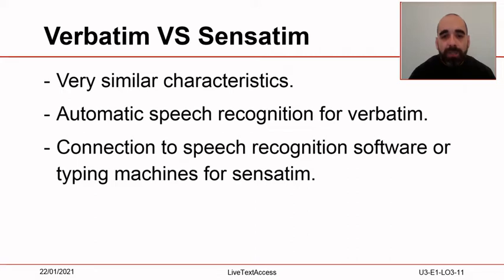By contrast, if you want to produce sensatim subtitles instead, a subtitler is necessarily involved in the process, so the software must be compatible with several input tools, which depend on the specific technique you will be using, respeaking or typing.